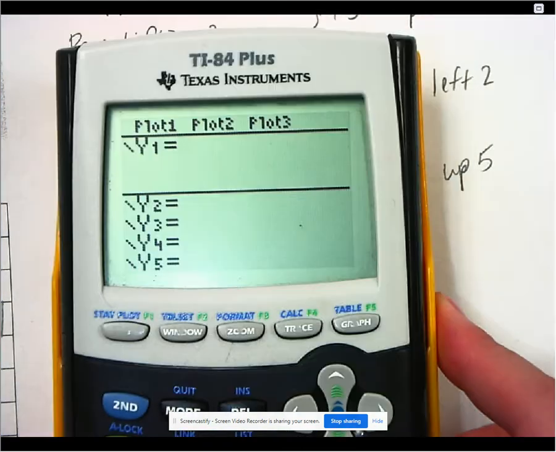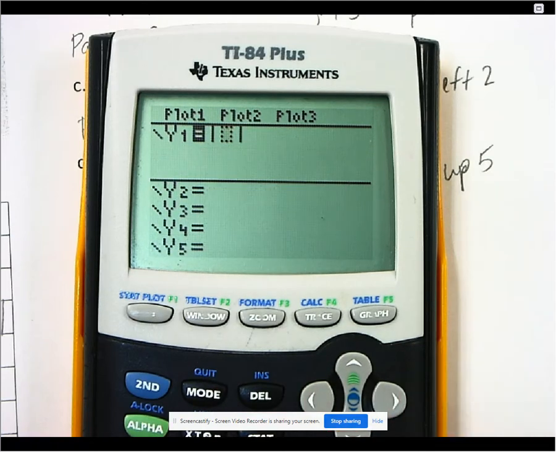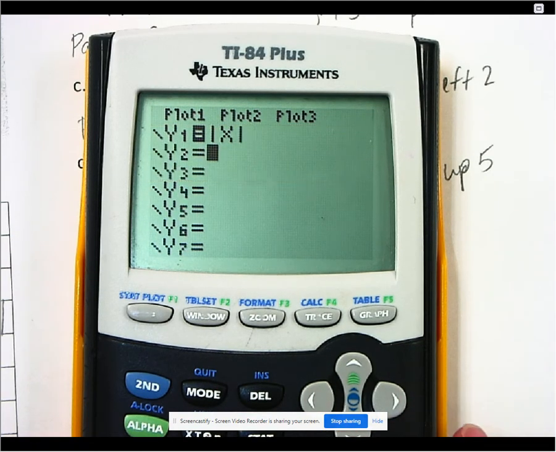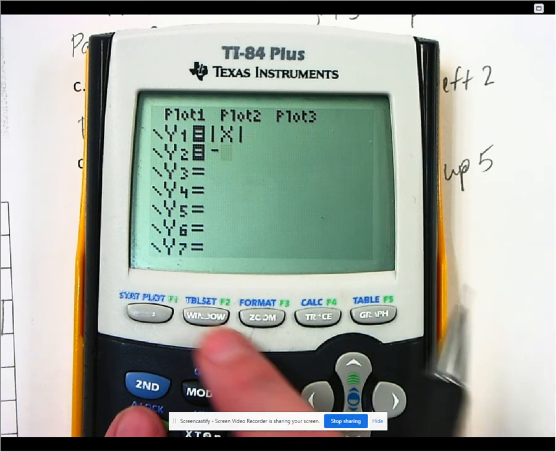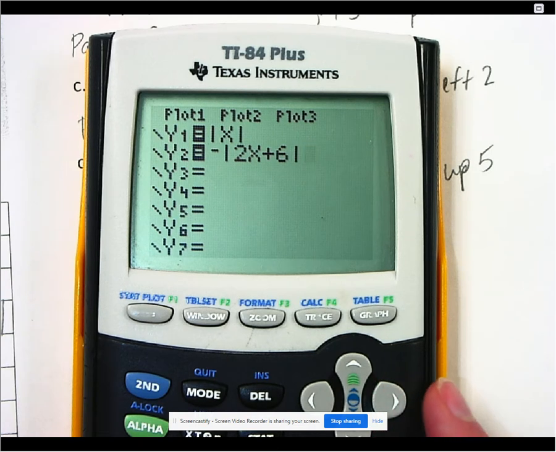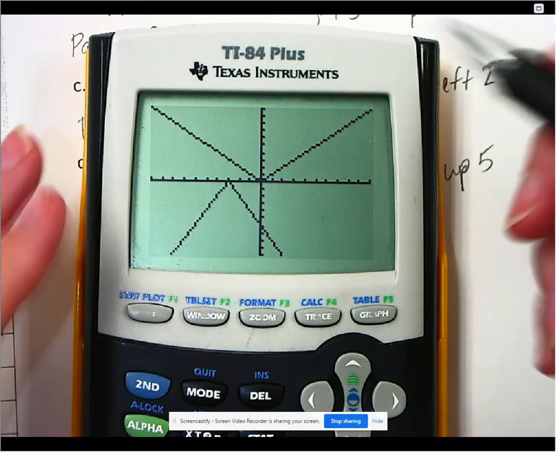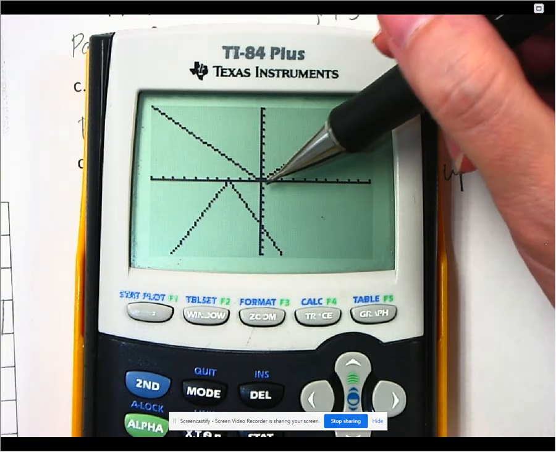If we want to graph an absolute value, the parent function is the absolute value of x. All right, and then this transformed function is negative, and then absolute value of 2x plus 6.